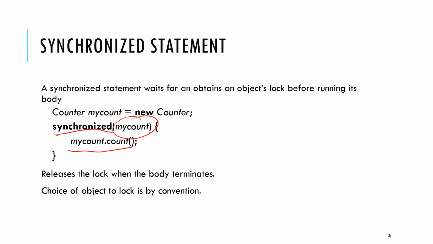A synchronized statement waits for obtaining an object's lock before running its body, and then it releases the lock when the body terminates at this closing brace. So it's obtained there and it's released there. The choice of the object to lock is by convention, so it's up to you. Usually it's the object on which you have a race condition or one of its functions.